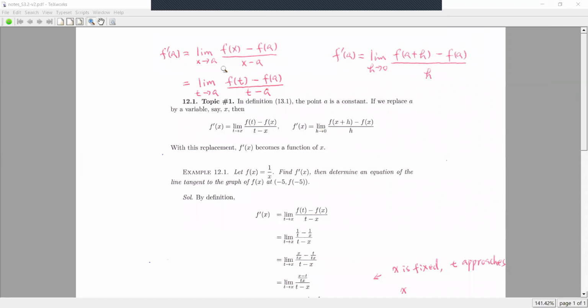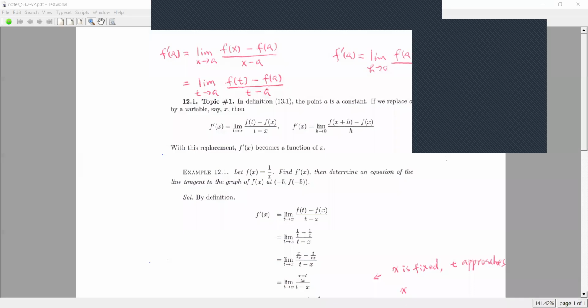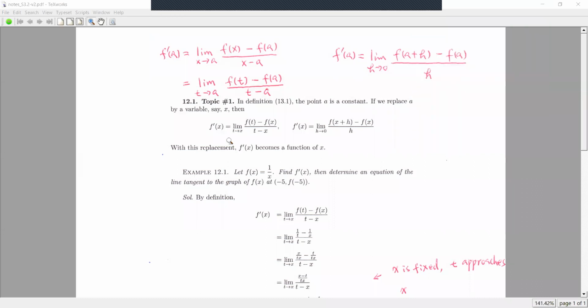Because this equation already has the variable x, before we replace the point A by x, we need to change x to some other letter, say to t. Now, in this limit, replace A by x, then we have this equation. This is one example about how to use these two formulas.